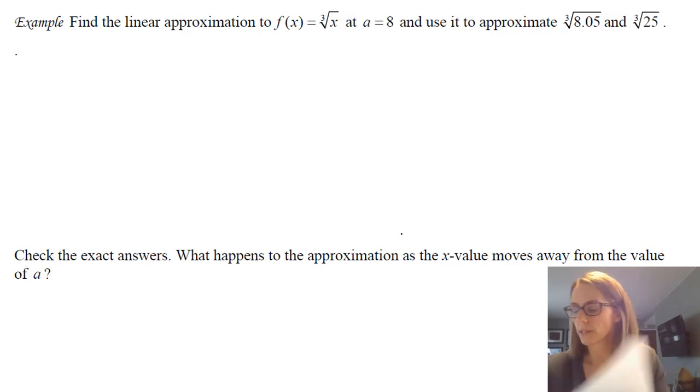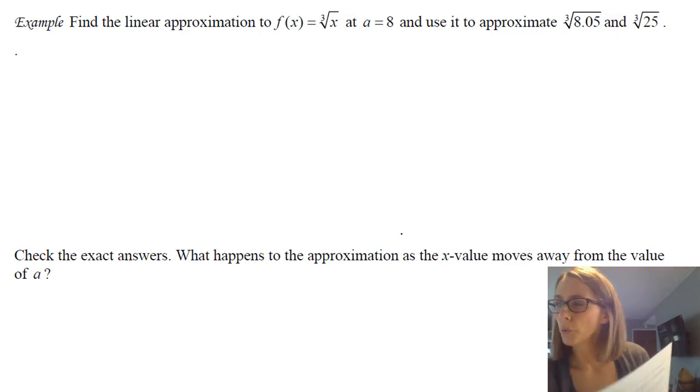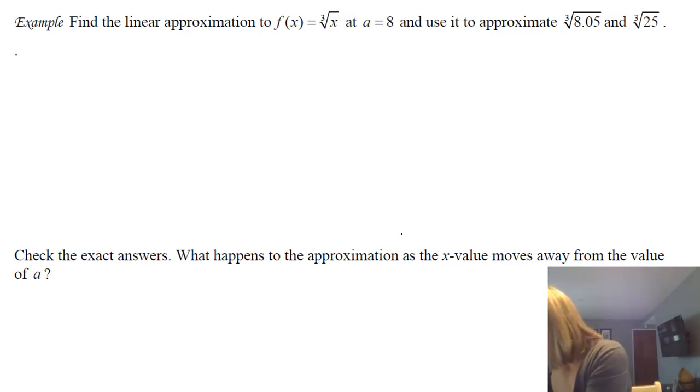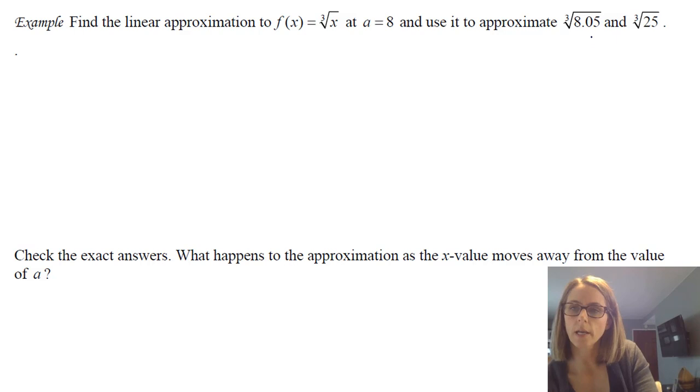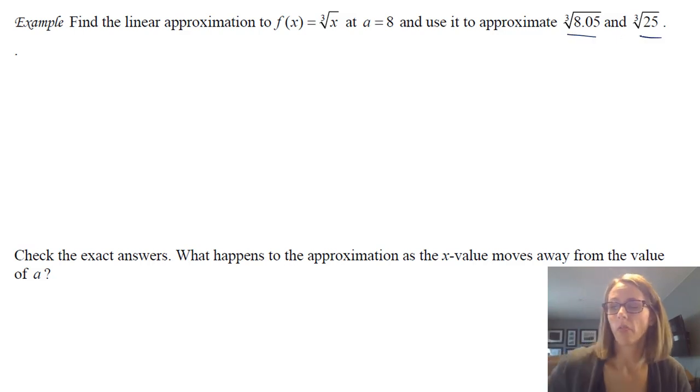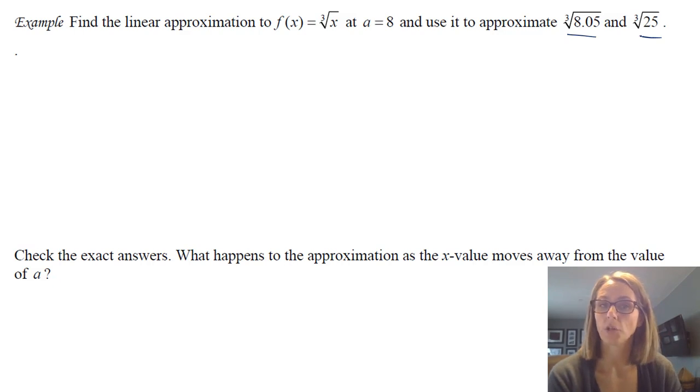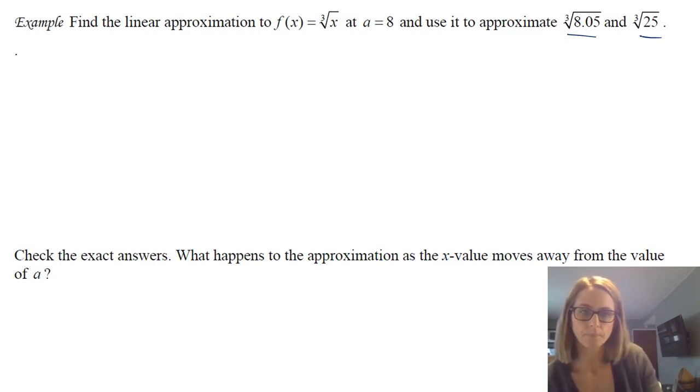So now we have another example. Find the linear approximation to the function, the cube root of x at a equals 8, and we're going to use it to do two approximations. You can probably already guess which one of these is going to give a closer, more accurate approximation.